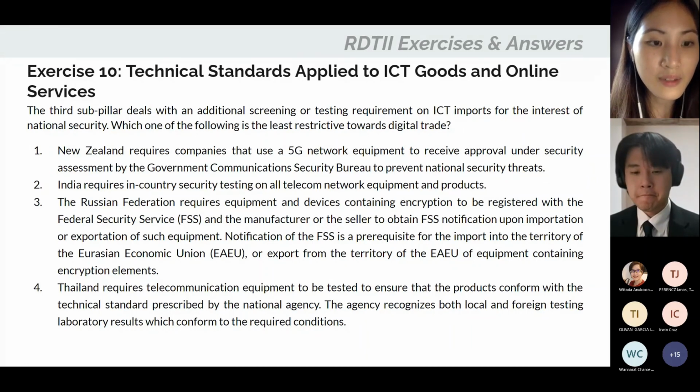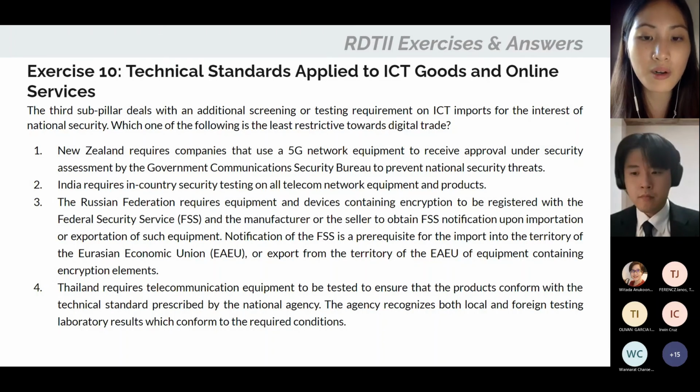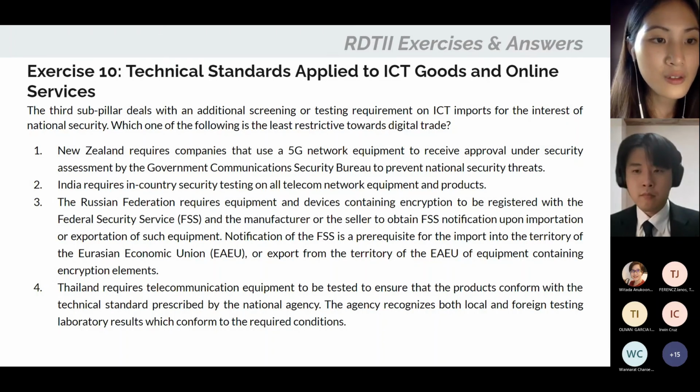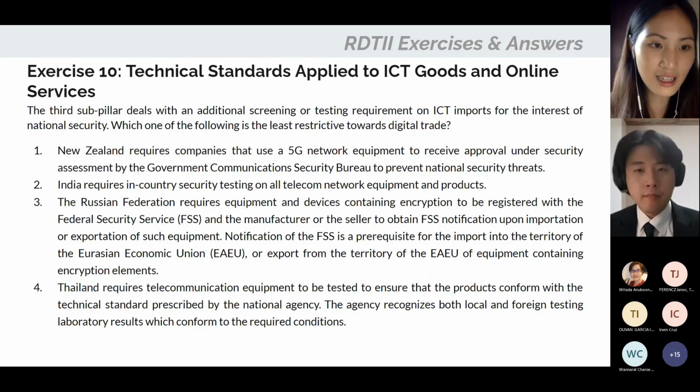And the answer is number 4, or Thailand, because the country has imposed the additional testing requirement on telecommunication equipment to be tested, but the country still recognizes the foreign testing result, which can lower the cost and may help to accelerate the process of the goods import into the country. But if you look at choices number 1, 2 and 3, the country does not accept the third-party testing result. So here again, the answer is number 4.